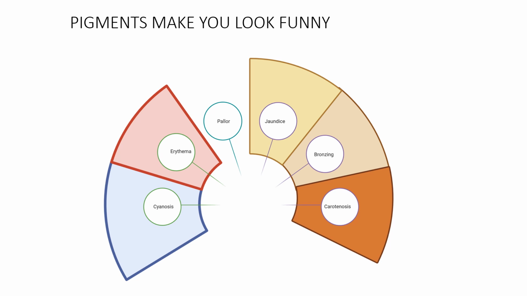Bronzing is a very different condition than jaundice. However, it is often confused with jaundice because of this yellowish, bronzy color. But bronzing actually does make people appear shiny, like their skin really looks shiny. And it's the result of a disease called Addison's disease.